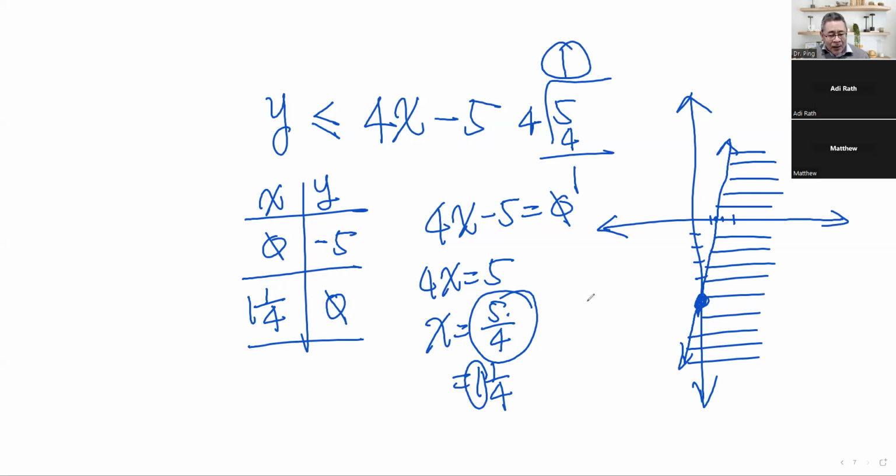All right. Now, we also have a different way of graphing the line. We actually have 3 ways of graphing a line. One is just picking any 2 numbers.